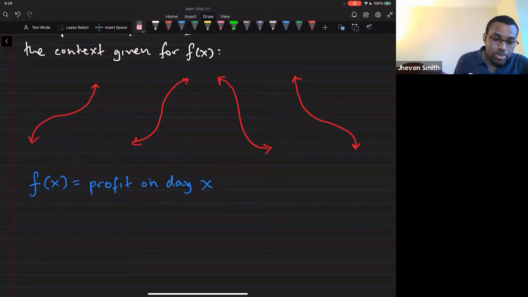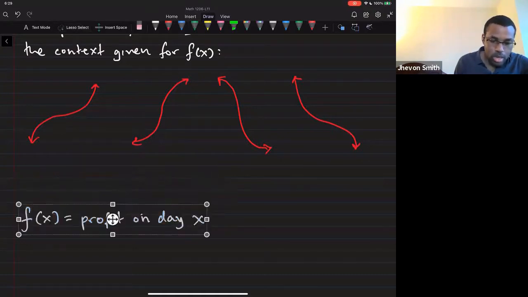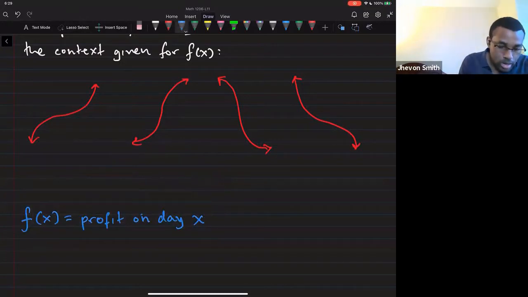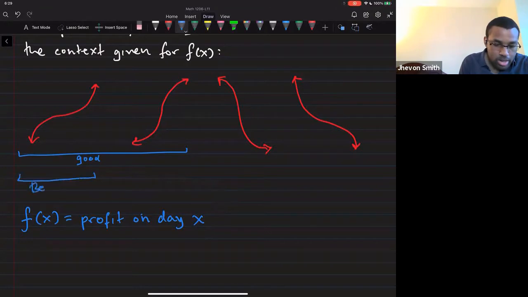We can even get more specific, and that's the point. So the first derivative would tell us that those two are good, but the second derivative would tell us even more information, right? So this one here, they're both good. But you see, this one over here is better, right?